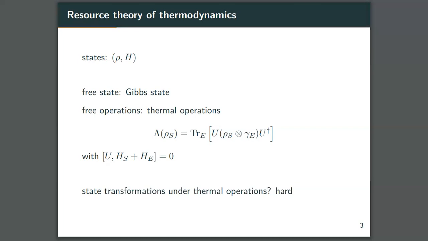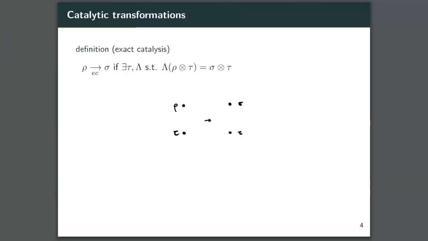For example, if the initial and final states are incoherent, so diagonal in the energy basis, then we know somewhat what this looks like. But in general, it is a hard problem, and I believe it is the biggest problem with the resource theory of thermodynamics, at least for me.